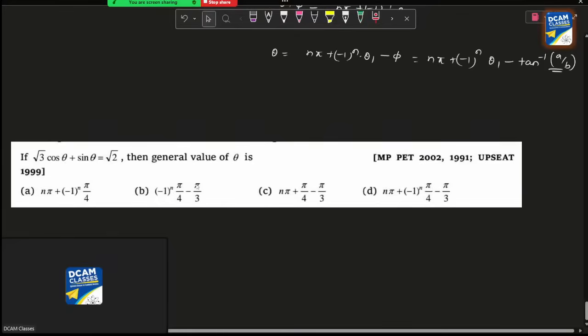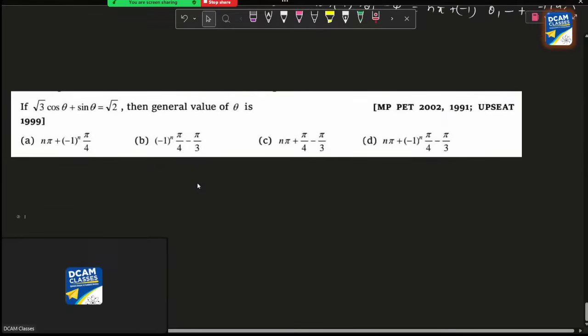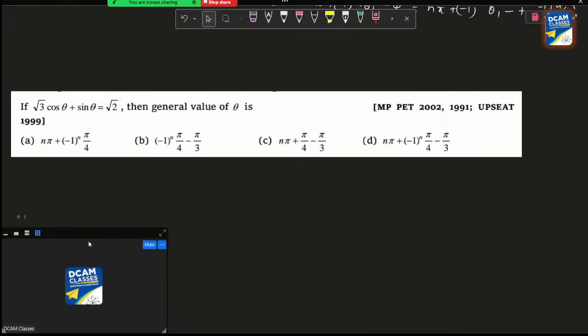So is it option D? Correct. Because it matched the form and also the solution will be pi by 3 because A by B.